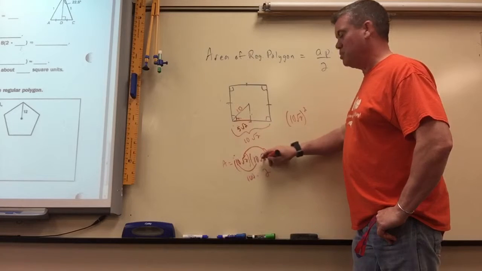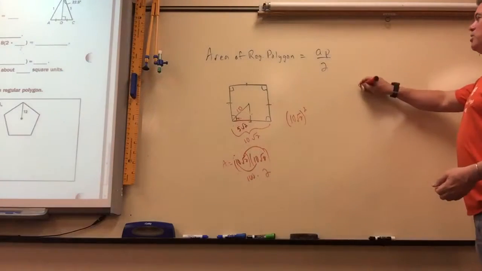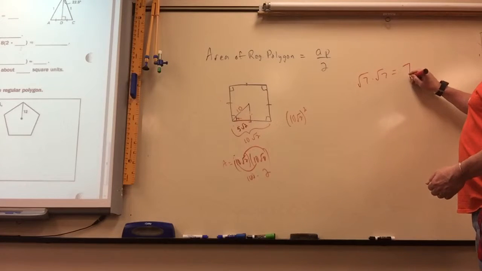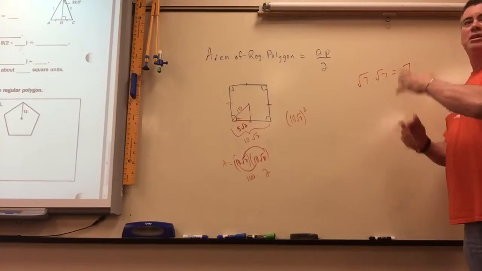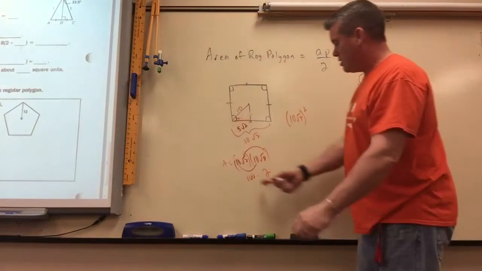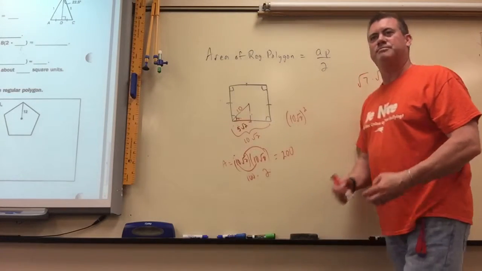Because remember, 2 times 2 is 4, and the square root of 4 is just 2. Remember, if you take a square root of 7 times the square root of 7 is 7. Anytime you take a square root times itself, the square root just cancels itself out. So this ends up being 200 right there. Okay?